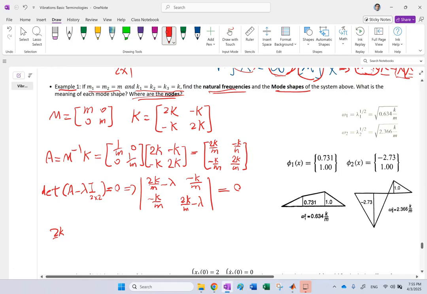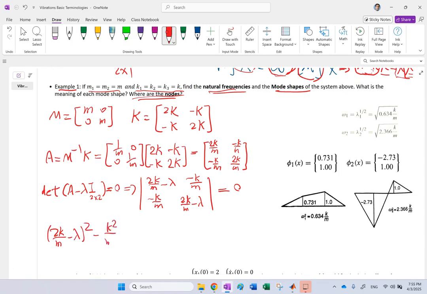So it is going to be 2K over M minus lambda, the whole thing squared, minus these 2 squared, so minus K squared over M squared. Let's simplify this. You're going to get 4K squared over M squared plus lambda squared, minus 4K lambda over M, minus K squared over M squared. This whole thing is 0. Now these 2 would cancel each other, so you only would get 3 of that.